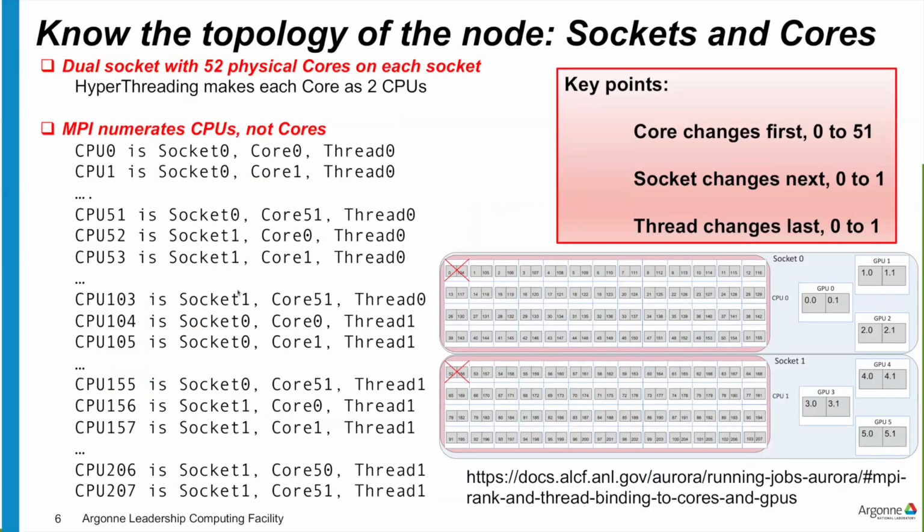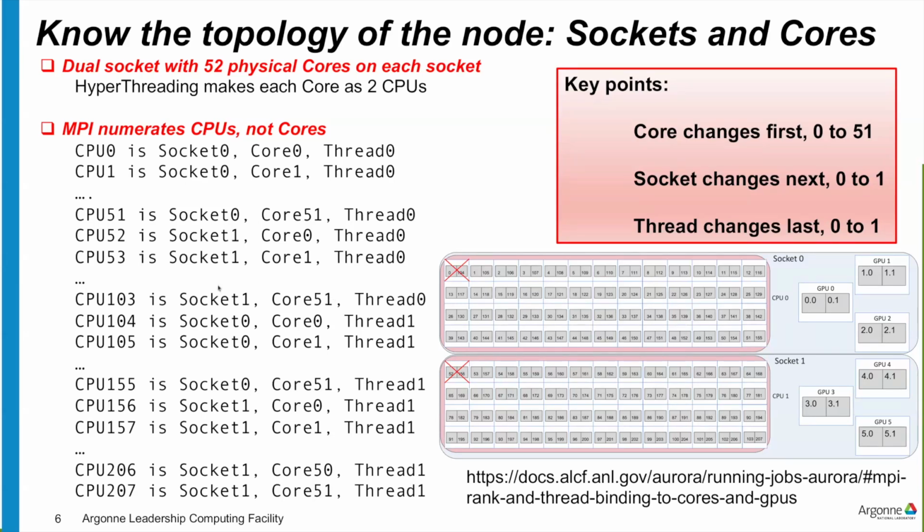A little bit about the topology of a CPU itself. This picture is probably even better than my description. The picture is taken from the documentation. We usually have two sockets numbered 0 and 1, and each socket has 52 cores numbered 0 to 51, and each core has two threads, thread 0 and thread 1. But from the Linux perspective, which is the operating system we are running on the node, the cores are usually considered as CPUs, and therefore the threads are also considered as CPUs.